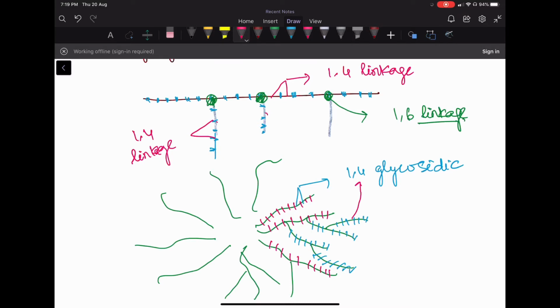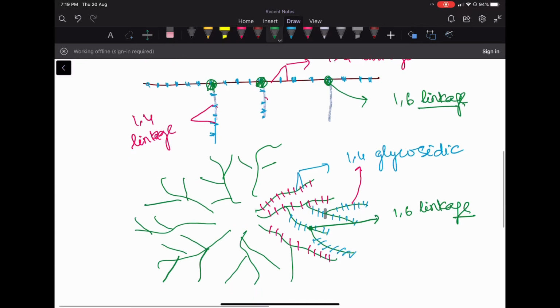The only difference, as I discussed earlier, is this part, where there is a branch point, and this linkage is the glycosidic 1,6 linkage. So in this structure there is a complex arrangement. I think it is clear to all of you.